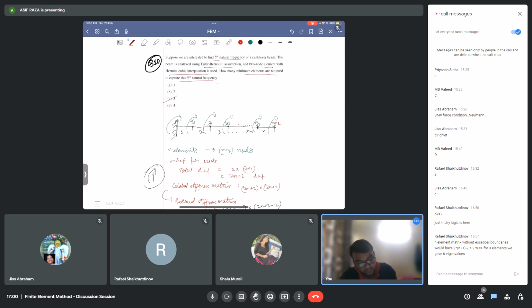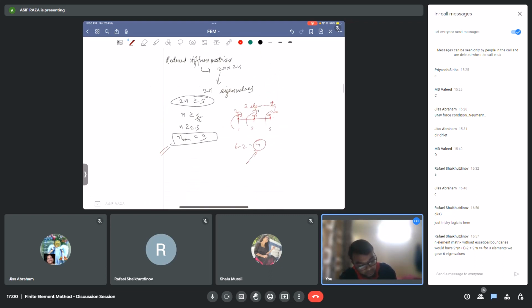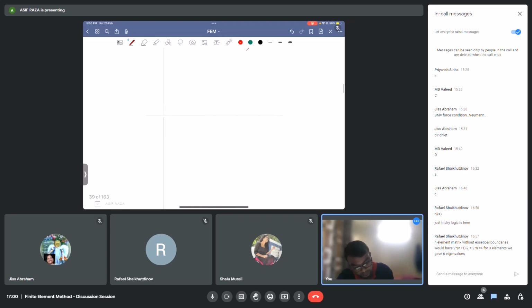The question is, what will be the answer to the previous problem if our element in consideration is a 3 noded element?